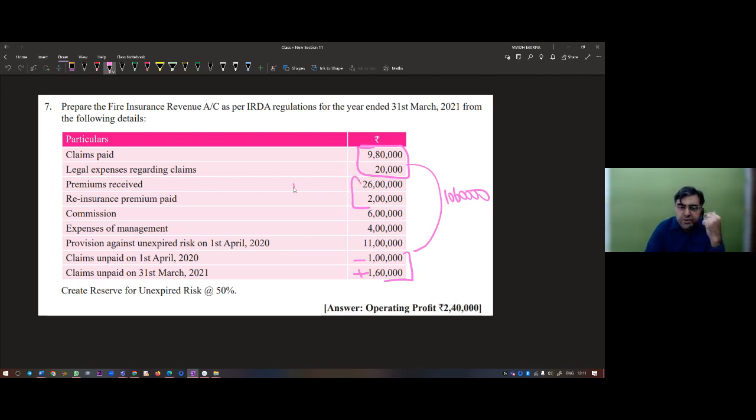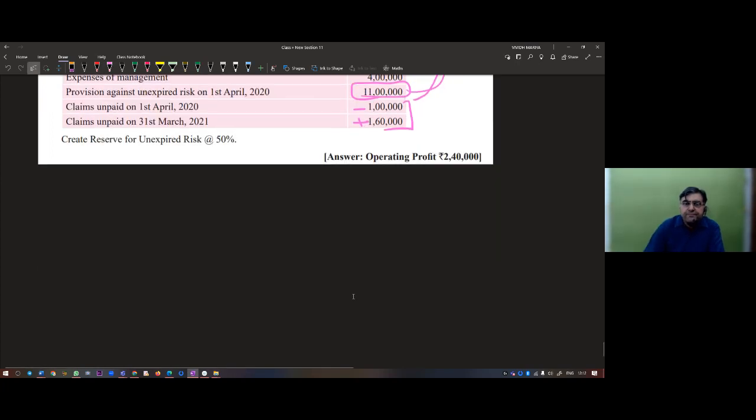Premiums will be 24 lakhs. Unexpired risk reserve will be 12 lakhs. Opening reserve is 11 lakhs. 11 versus 12 changes by 1. The answer will be premiums 24 lakhs.